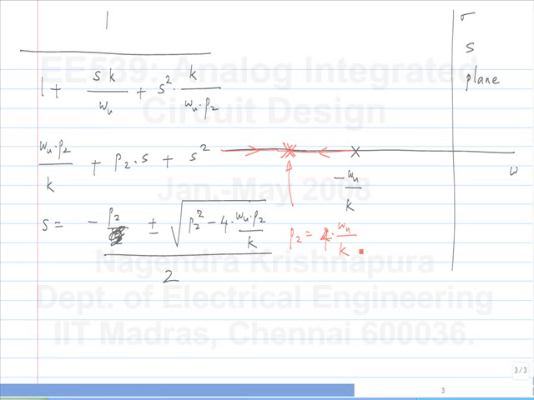What happens after that? It will become complex, meaning one pole will go this way and the other pole will go this way. Does it go in a straight line? It goes towards the imaginary axis, but it doesn't go in a straight line.